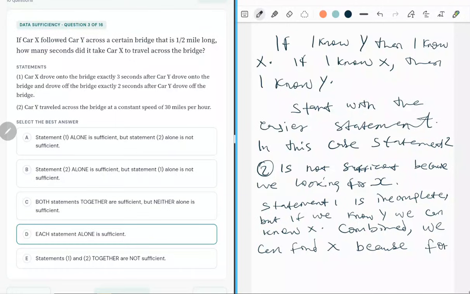Hold on. Yeah, we know for Y, we know the time, because time is equal to distance divided by speed. So the distance is 0.5 and the speed is 30, right?